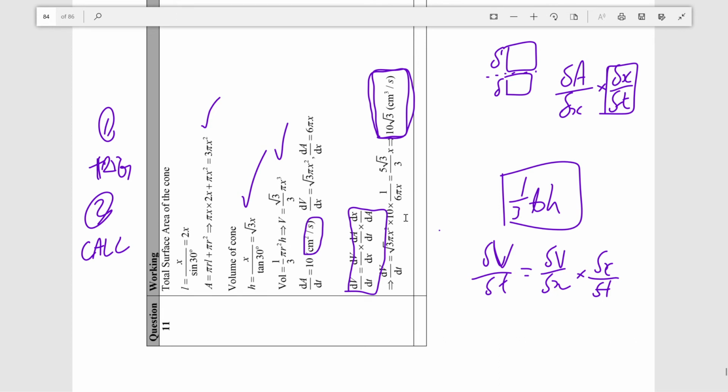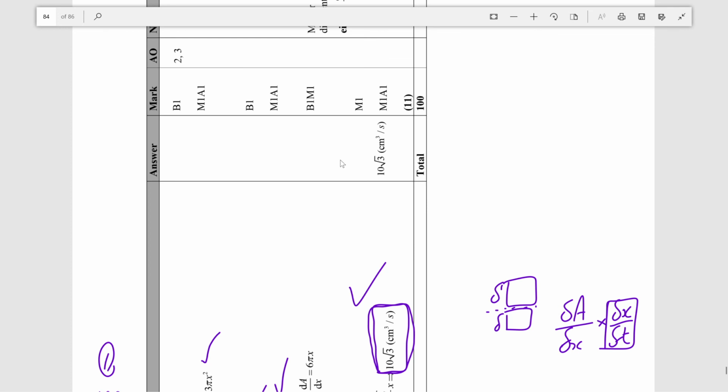Alright, so I digress. dv by dt is root 3 pi x squared times 10 times 1 over 6 pi x, so that's 5 root 3 over 3 x. So that, substituting x in for 6, we get 10 root 3 centimeters cubed per second. Lovely.